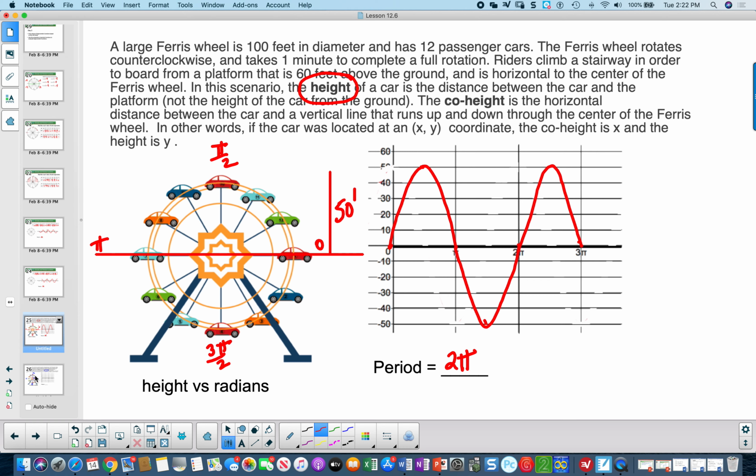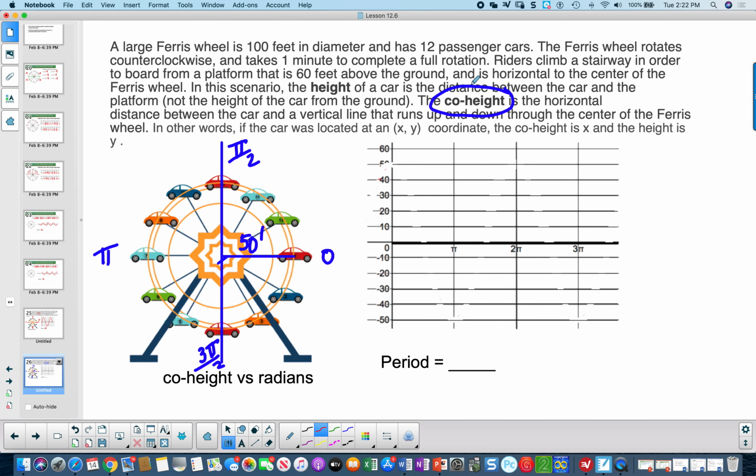Now let's talk about the co-height. The co-height is the distance to the vertical part of the platform. Again, this car is 50 feet from the vertical part of the platform, so it's right here. And so it's 50 feet, and as it goes to pi halves, it's going to be 0 distance from the vertical.